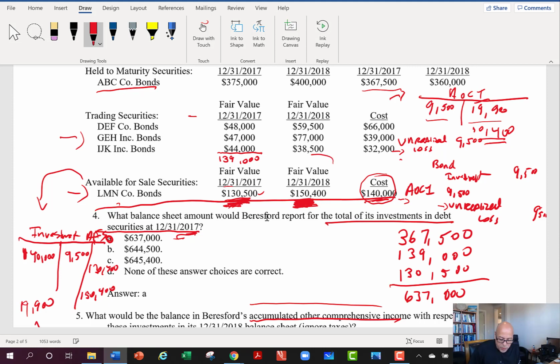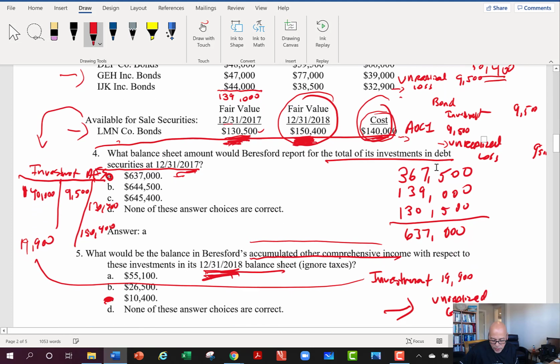All I really needed to do was look at the difference between the 2018 fair value and the original cost. That's the amount that needs to be adjusted to the investment to get it to be at the value that I want it to be, and that amount is also what gets reflected in the accumulated other comprehensive income at any one point in time. But I just sort of walked you through how we got there.